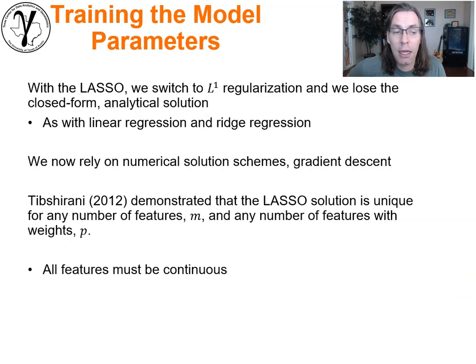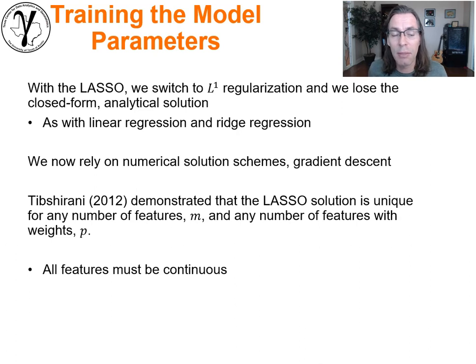Now let me make a couple of comments around the lasso and training the model parameters. I want to reinforce this point. This is important. When we switch to the L1 regularization, once again, we don't have an analytical closed form solution any longer. We showed in the ridge regression lecture that we can derive, using matrix math, the methodology to calculate the parameters.